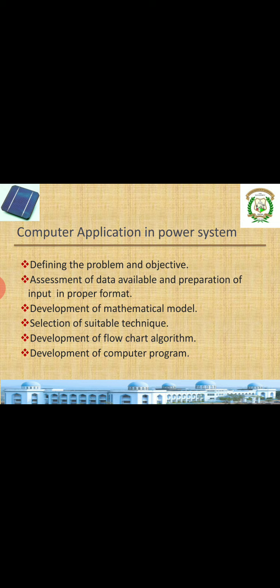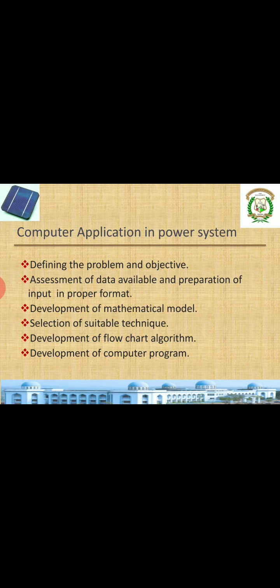So let us see what computer application in power system is, and the different steps involved. Defining the problem and objective. At the very first, we need to define the problem and what objective we are going to achieve, or what exactly is the problem we are facing.